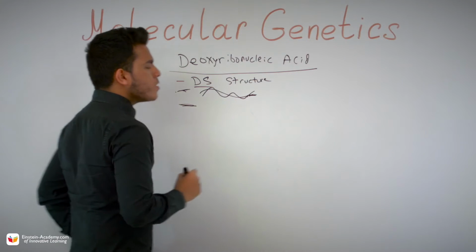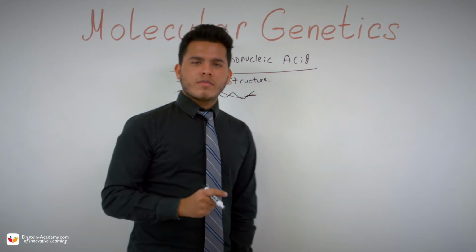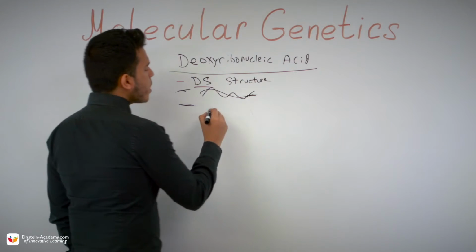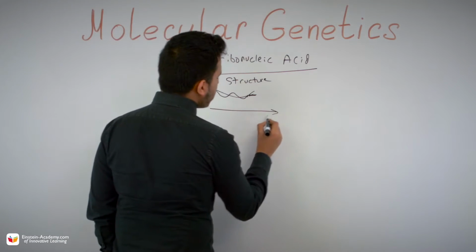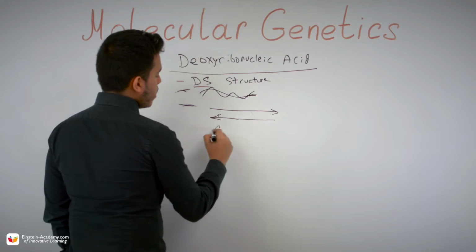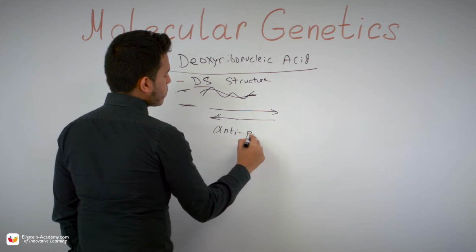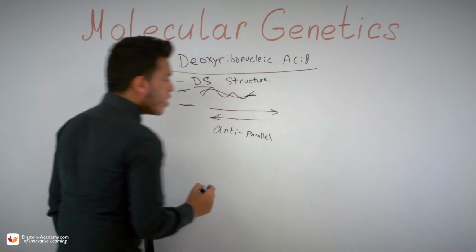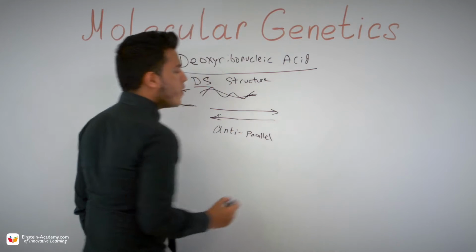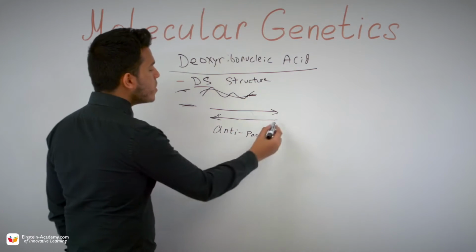DNA also happens to be anti-parallel. These DNA strands move in an anti-parallel direction. What does that mean, anti-parallel? It's a very important concept to understand. Meaning that one strand of DNA runs this way, and the other, the complementary strand, runs the other way.